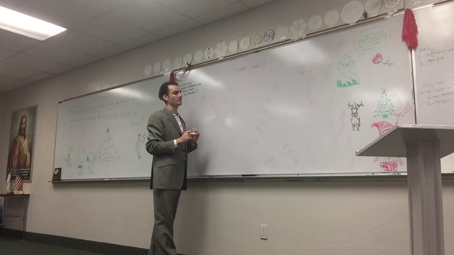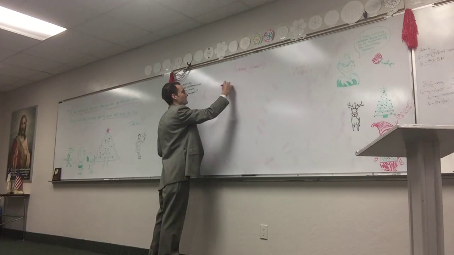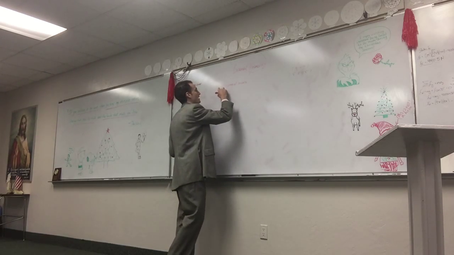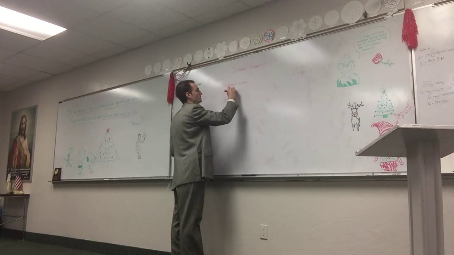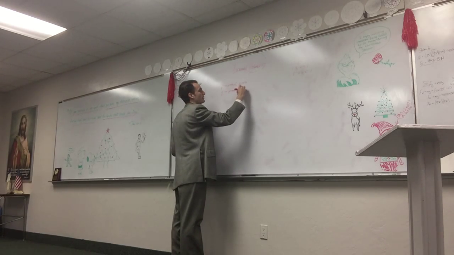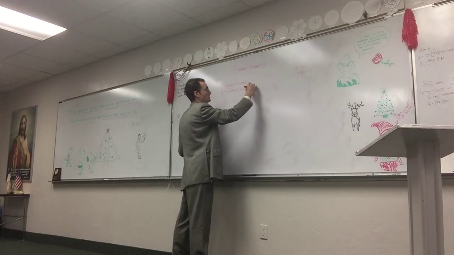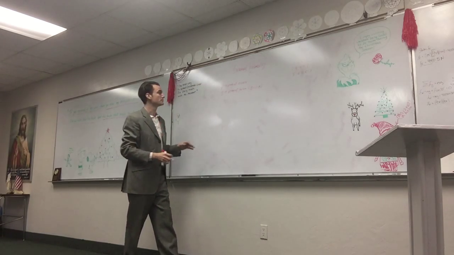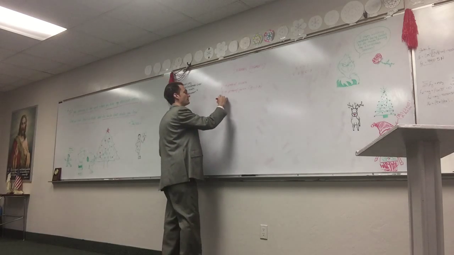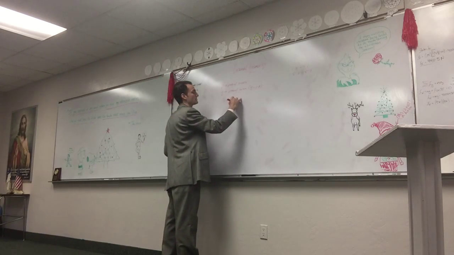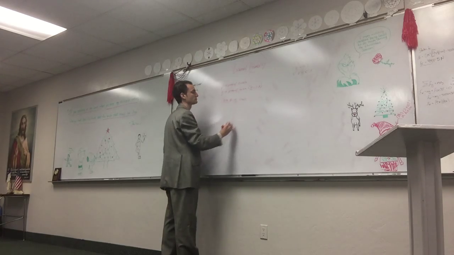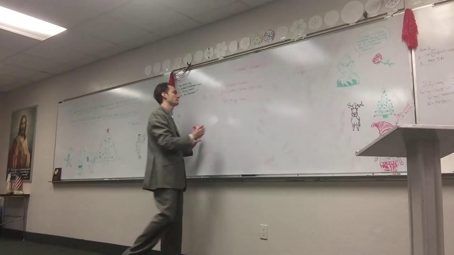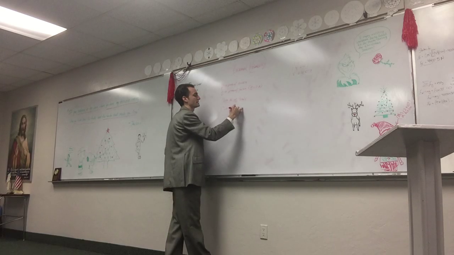Okay. If I have something where the probability of success is P, and the probability of failure is Q, and there are only two options, either success or failure, so Q equals 1 minus P. And I have n trials, and I have r successes.